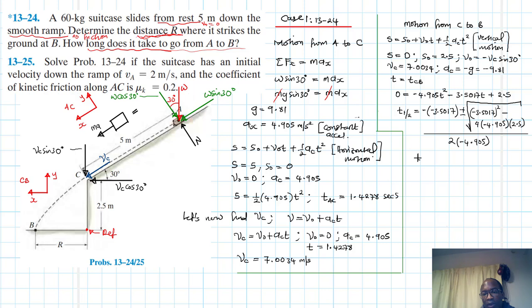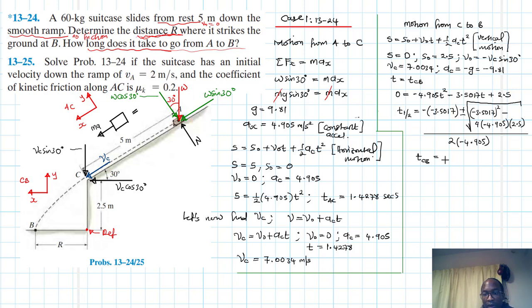We are just going to get the positive part. So TCB therefore is equal to 3.5017 squared plus 4 by 4.905 by 2.5, square root of that, and plus 3.5017, divided by minus 2 by 4.905.